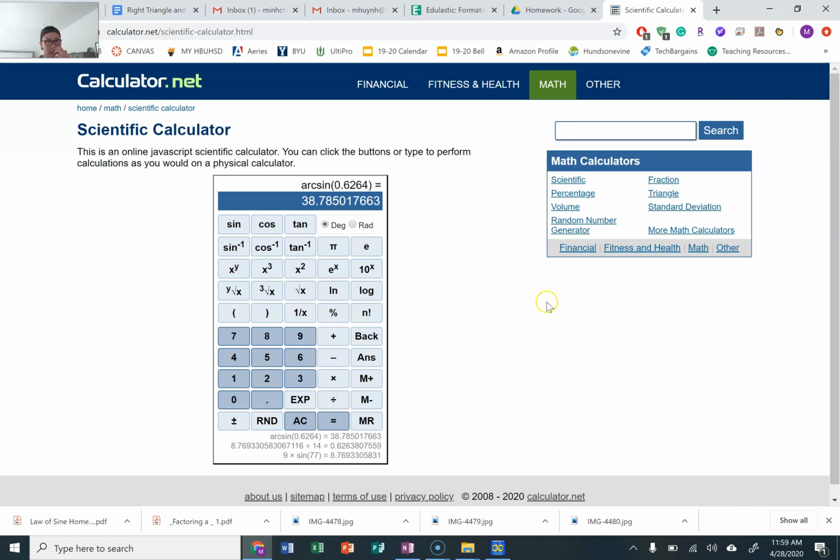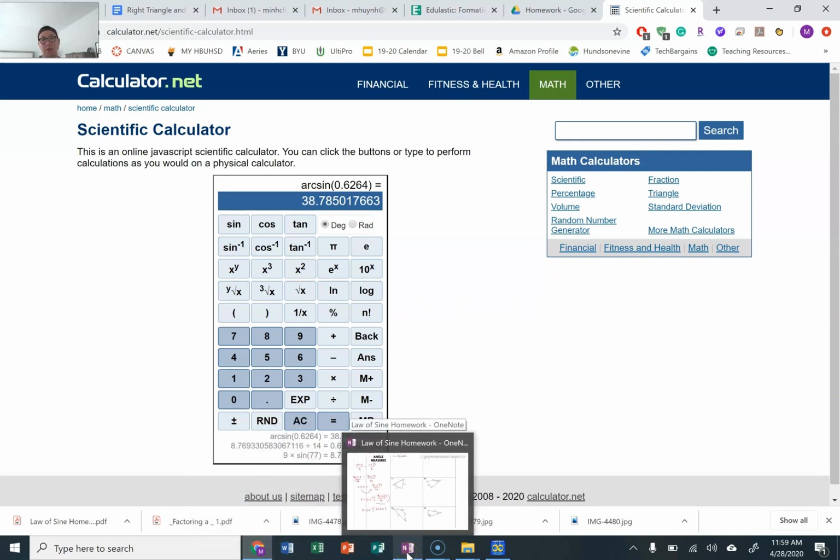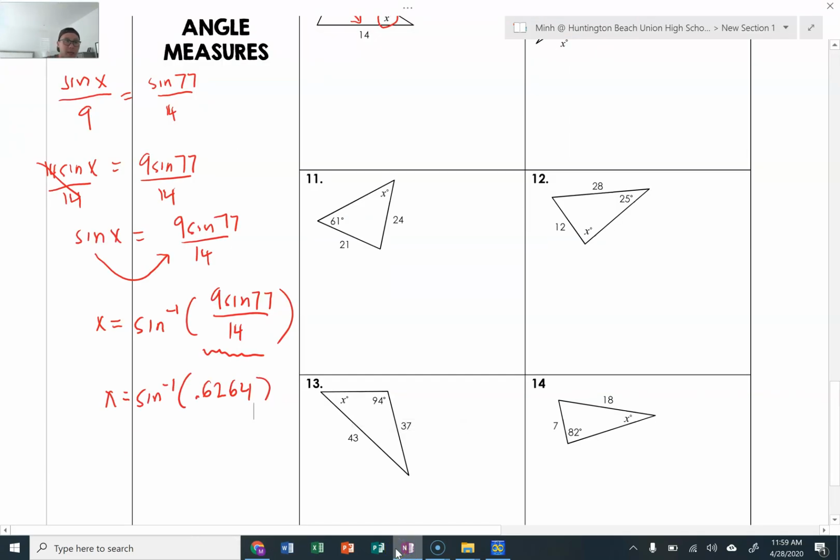Press enter, and you should get an answer around 38.8 degrees. If you're a little bit off, that's fine. Just make sure you know how to get the gist of it. So x is equal to 38.8 degrees.